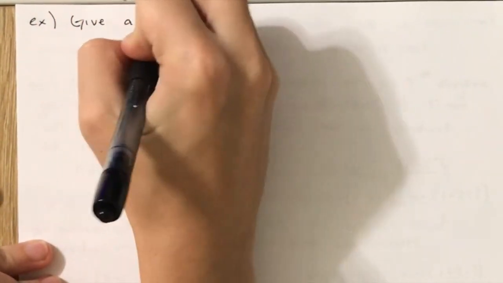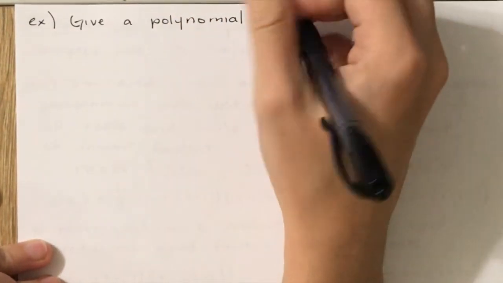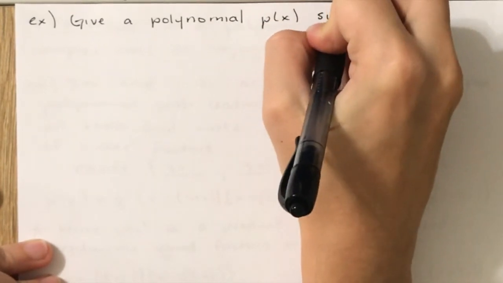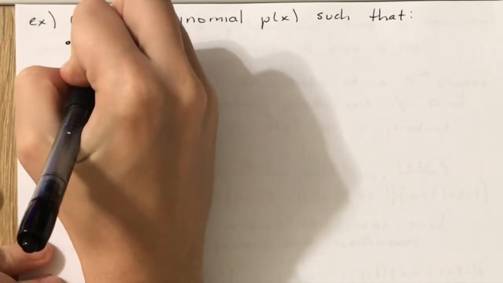Let's try another example. Give a polynomial p of x such that we have the following. We have a degree of 5.